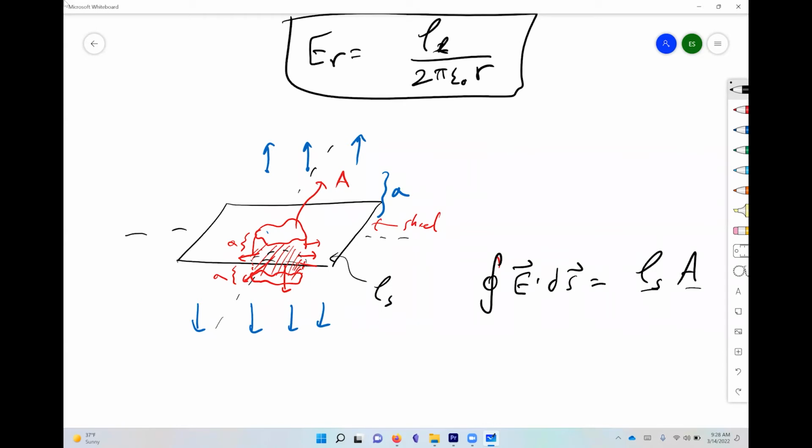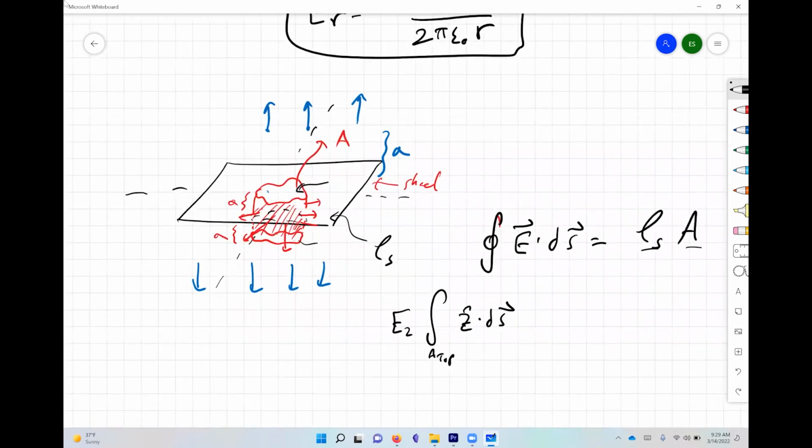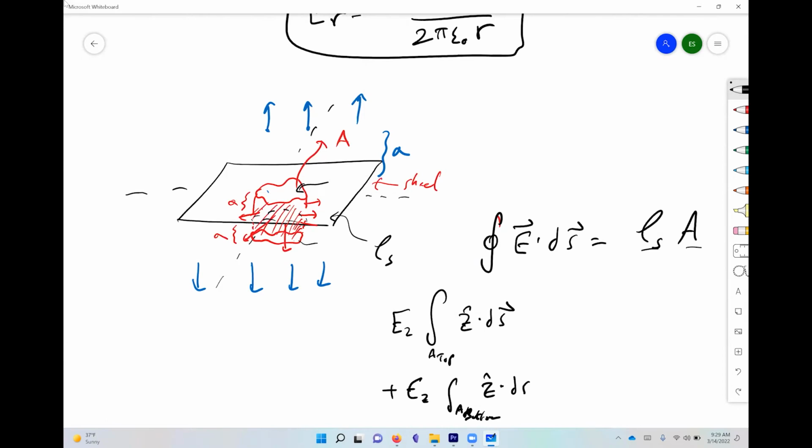Now I can divide this into two parts, the top flux and the bottom flux. The top corresponding to the top section of this volume surface, and the bottom section of this surface. So this is going to be EZ, Z hat dot ds over A top, plus EZ over A bottom, Z hat dot minus Z hat dot ds, right?